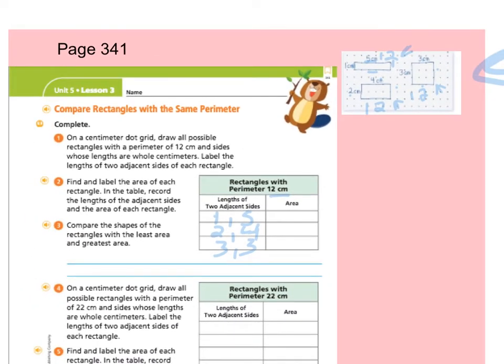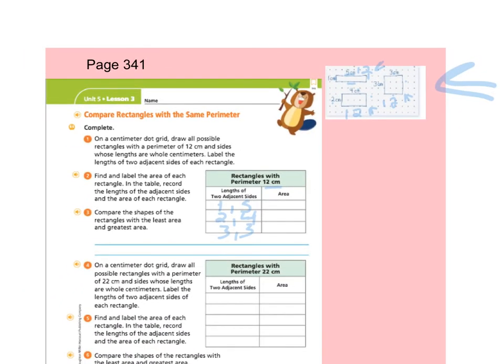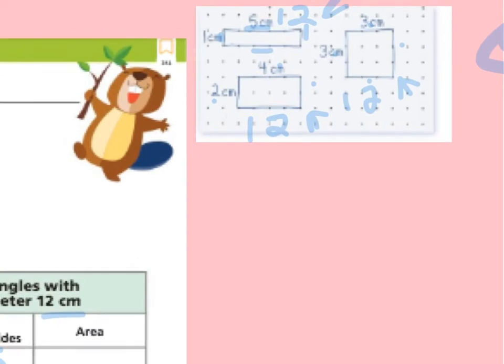So if we look back up here, now I'm going to zoom in. If I were to draw by connecting those dots, we would have 1, 2, 3, 4, 5. That would have an area of 5 square centimeters.